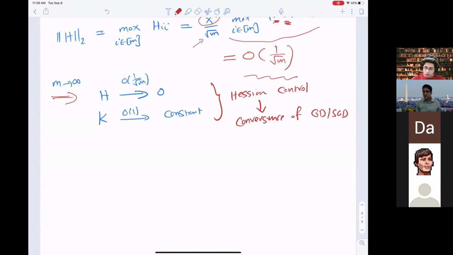This is really simple, but interestingly, a lot of overparameterization results that have recently come out are in fact based on this intuition, right? So what they do is they have a bound on the eigenvalues of the tangent kernel at initialization, because that's something that we can do.